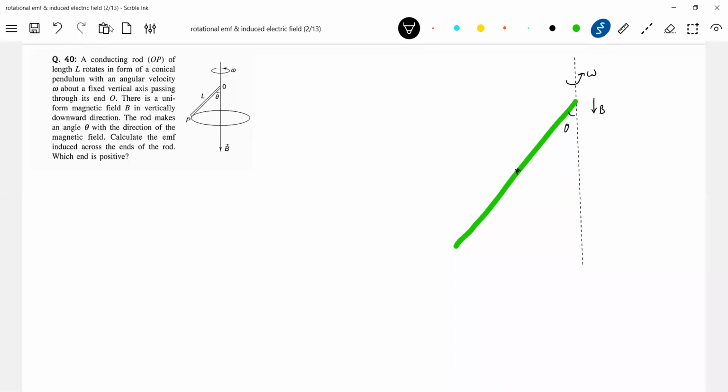Let me assume a small element of length dx. This should be theta then.